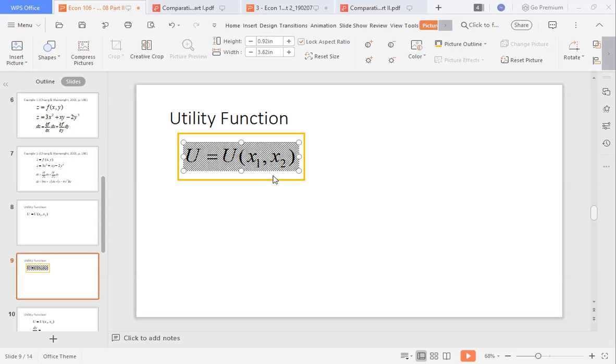Okay, so another thing is that if we hold utility constant and we change the combination of x sub 1 and x sub 2. So obviously, if we hold utility constant and we only allow a change in the combination, we're staying in the same indifference curve here.